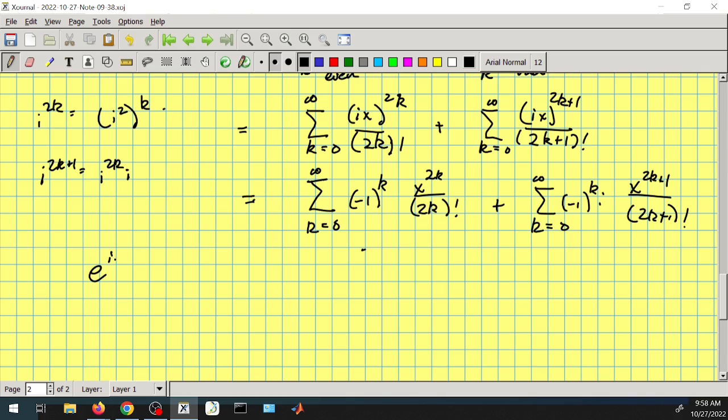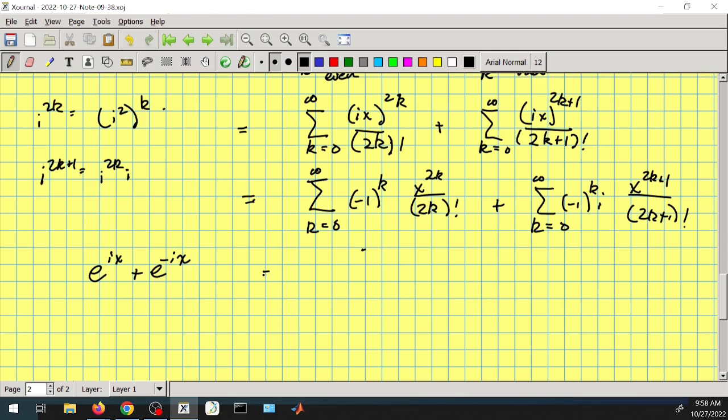Now, when I add e to the ix and e to the minus ix, I'm adding 4 infinite series, but they all converge absolutely. 2 of them subtract out, and then 2 of them add up. When I put minus x over here, I can distribute that minus sign out because it converges absolutely, and I can distribute this i out too.